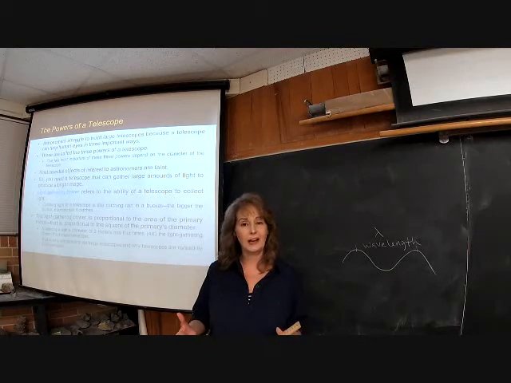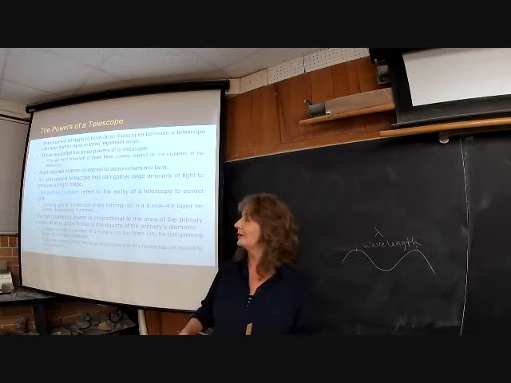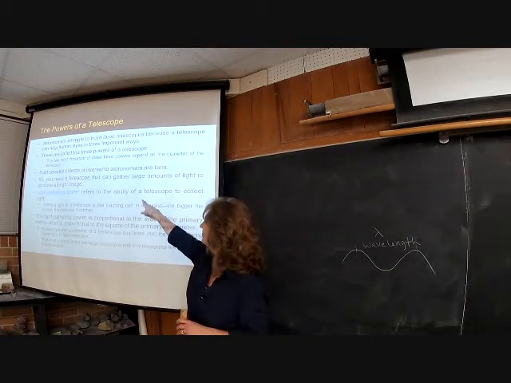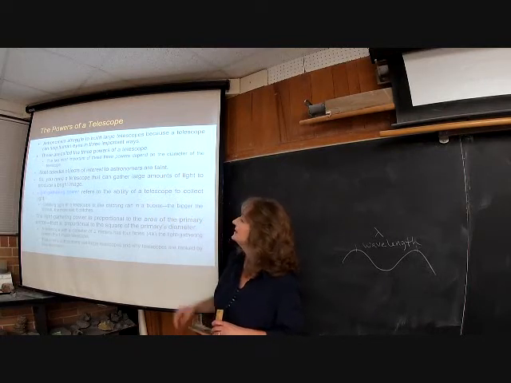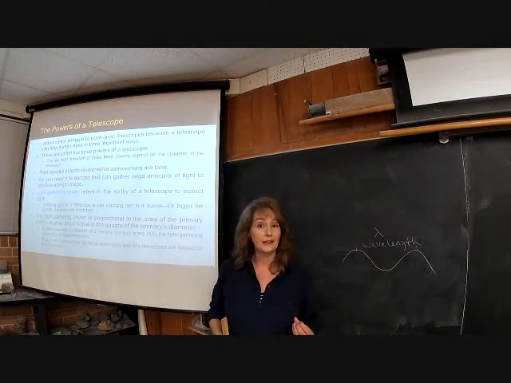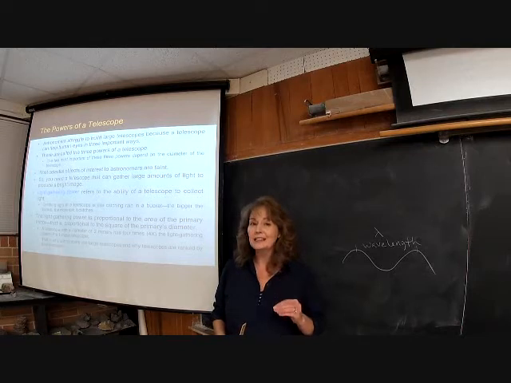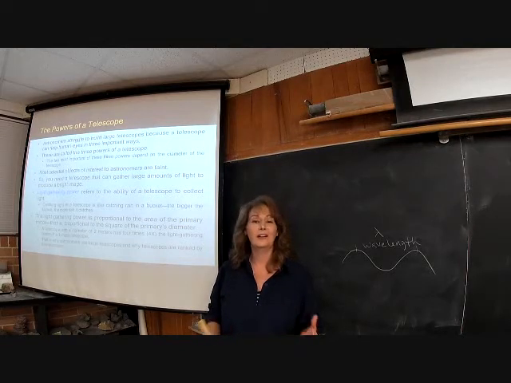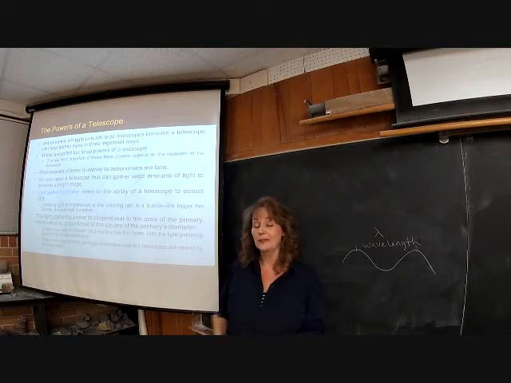And the larger the area, the greater the light gathering power, the ability of the telescope to collect light. But it is really based on the area of that lens or mirror that you can get.